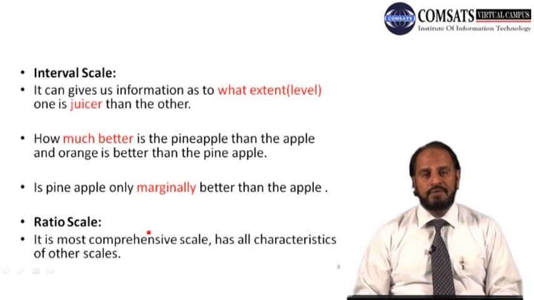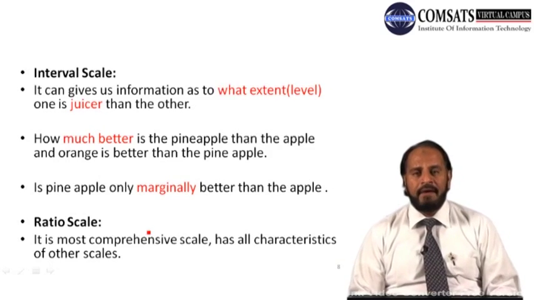So with an interval scale, if you want to know that pineapples are juicier than apples, but to what extent, how much better it is, and then while comparing between pineapple and oranges, to what extent is that juicier than the oranges.